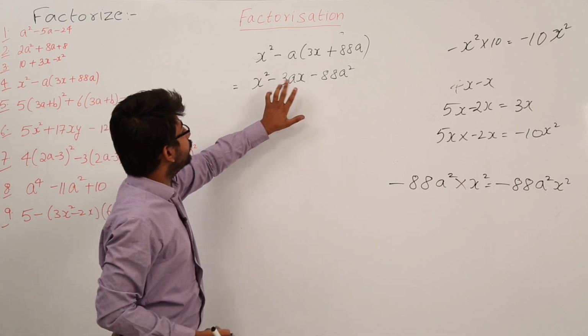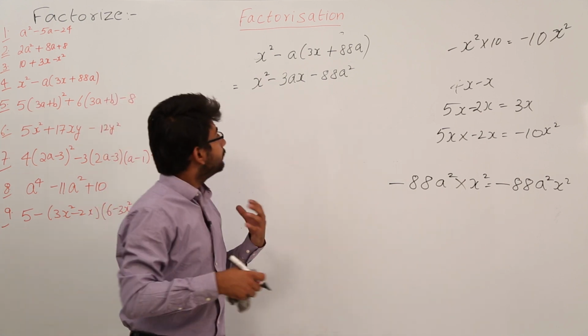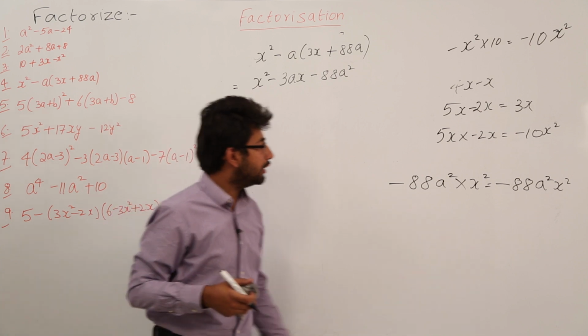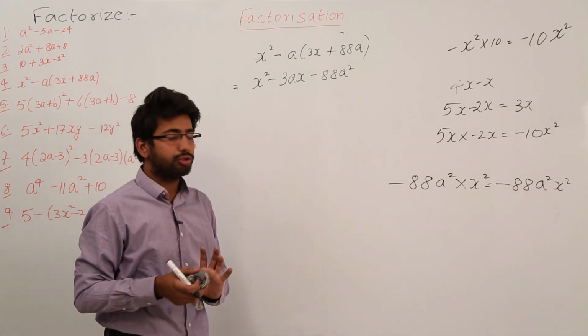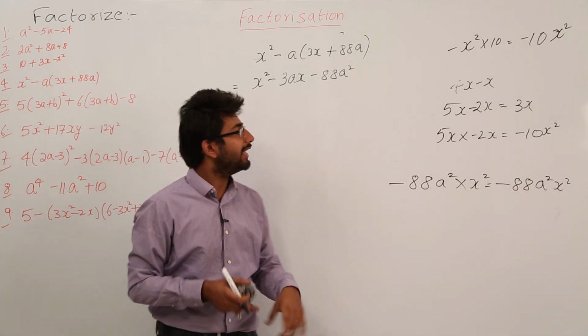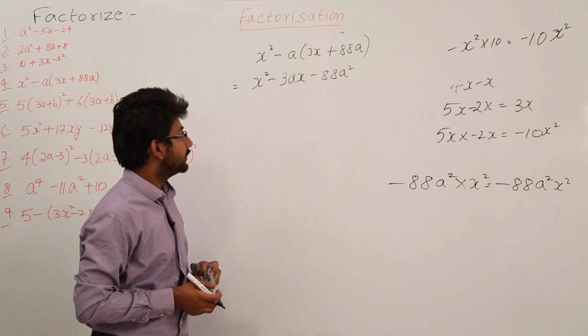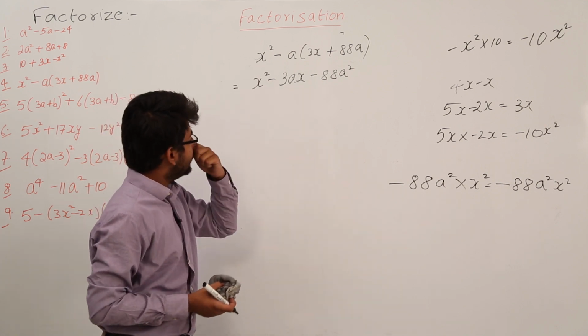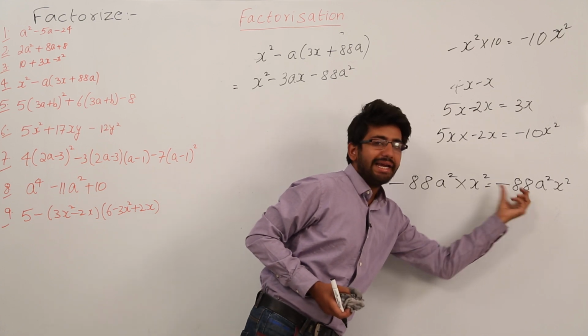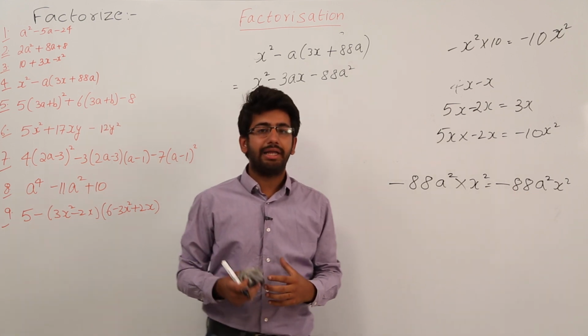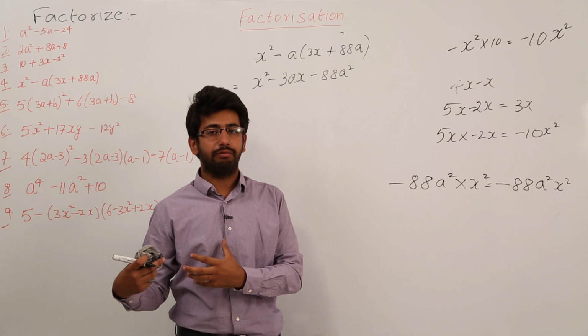Now let us think of two terms which when multiplied together will give us minus 88a square x square and when joined back will give us minus 3ax. How do we get 88? We generally get 88 as 8 into 11, right?